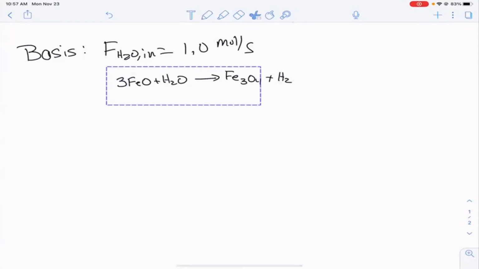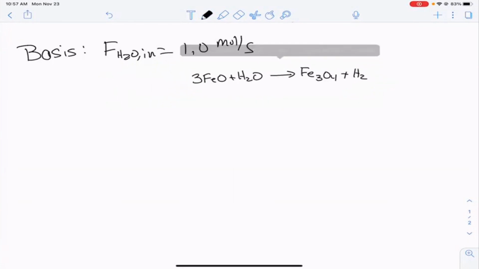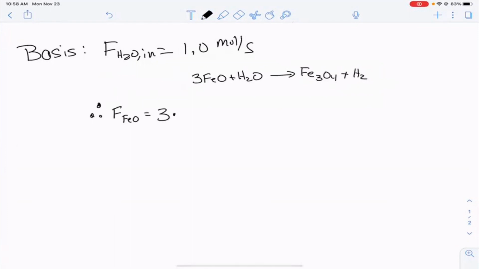So if this is our equation, well, now if we have 1 mole of water per second, we know, therefore, that the flow rate of FeO into the process is just 3 times the flow rate of water, and that's equal to 3 moles per second. And both Fe3O4 and hydrogen are 1-to-1 on a molar basis with the water in this equation.